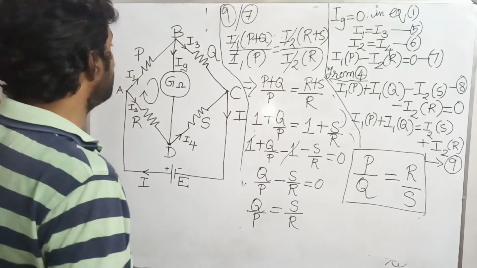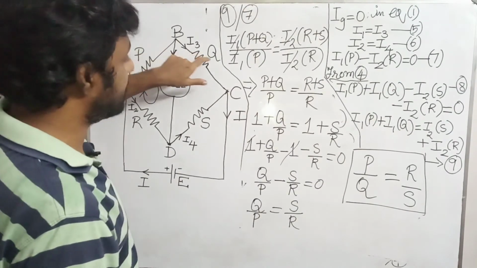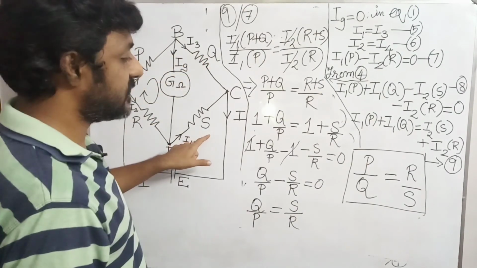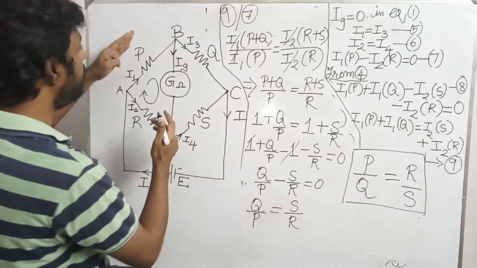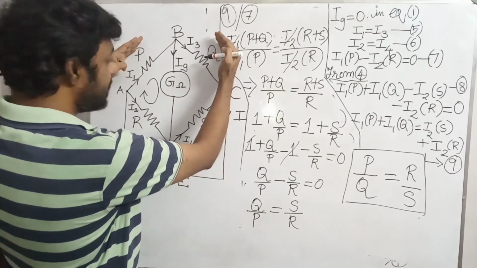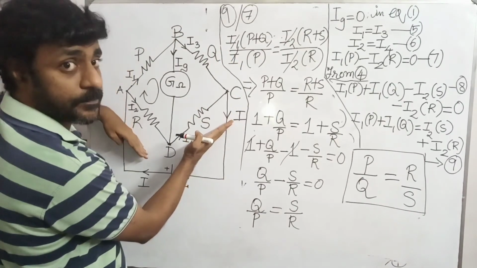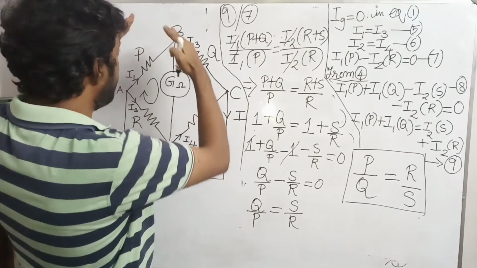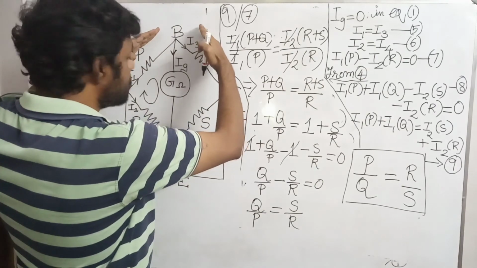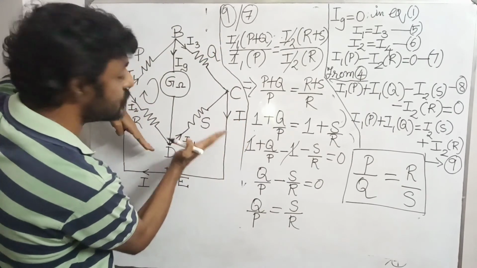So what is P? This. What is Q? This. R is this, S is this. So P by Q is equal to R by S. You got it? See, the ratio between these two resistors will be equal to the ratio between these two resistors.